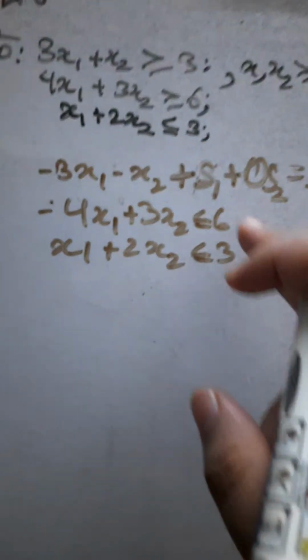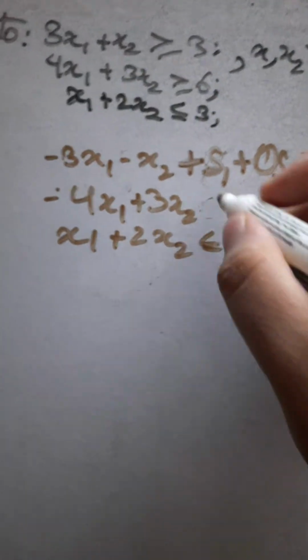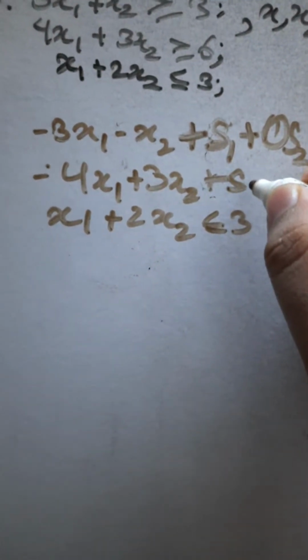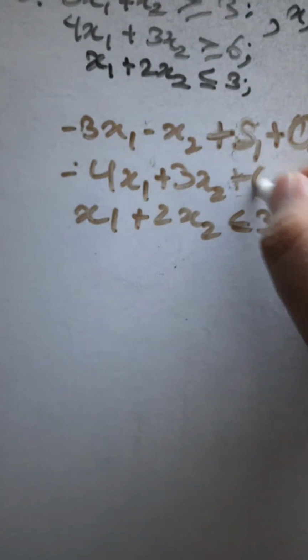Then minus 4x1 plus 3x2 plus 0 s1 plus s2 is equal to 6.